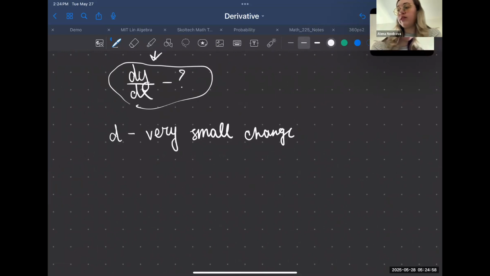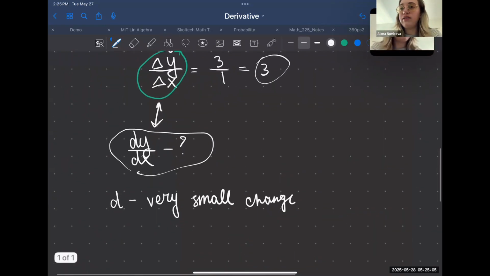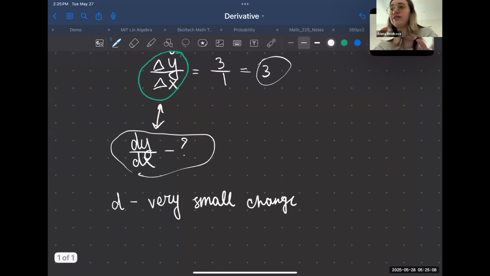And ultimately, we want to see that change at a single point where actually the difference between the final and initial values approaches zero.